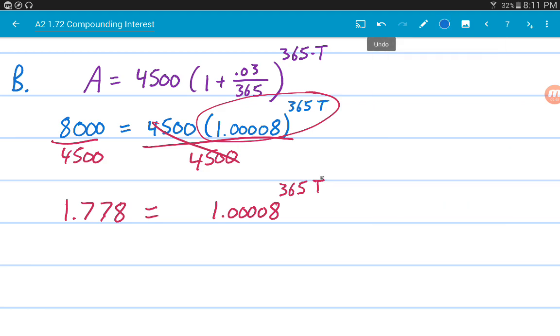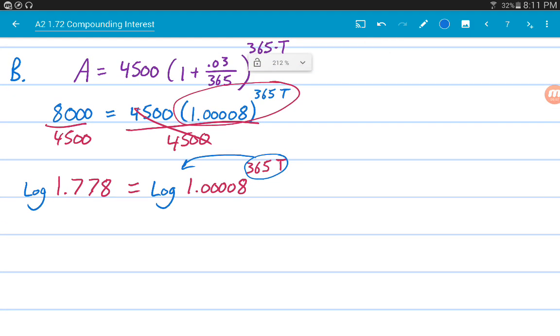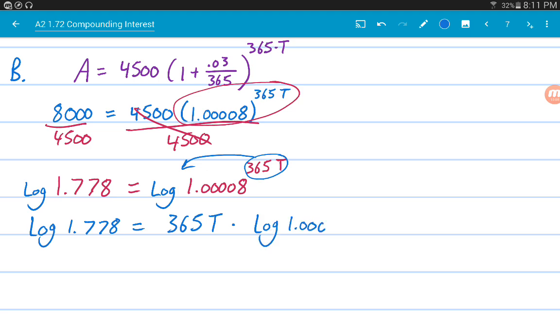Now it's isolated. I'd love to be able to bring this down. How do I do that? Well, I need to log both sides first. Since they're logged, I'm allowed to bring it down, which means I get log of 1.778 is equal to 365t times log of 1.00008.